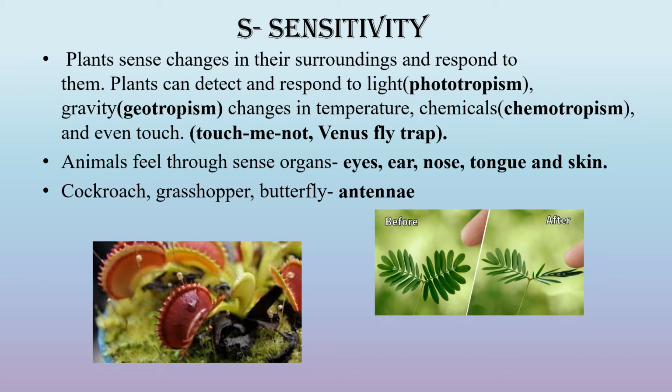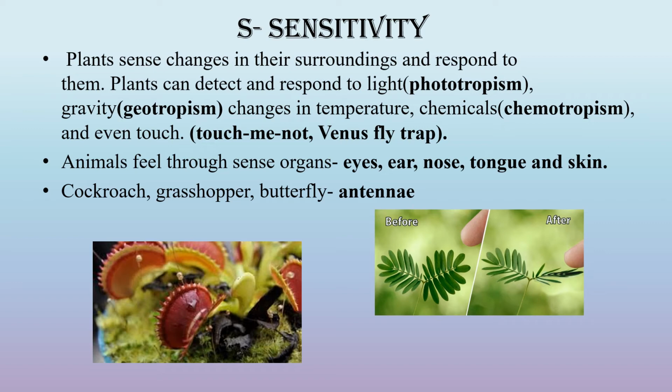And if it responds to gravity, we call it geotropism. Some plants like touch-me-not and Venus flytrap also respond to their surroundings. But animals can feel or sense changes with the help of sense organs like eyes, ears, nose, tongue and skin. For example, cockroach, grasshopper and butterfly can sense with the help of a body part called the antenna.